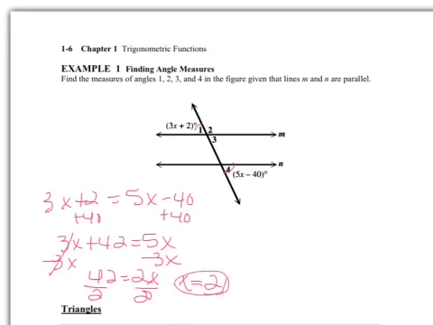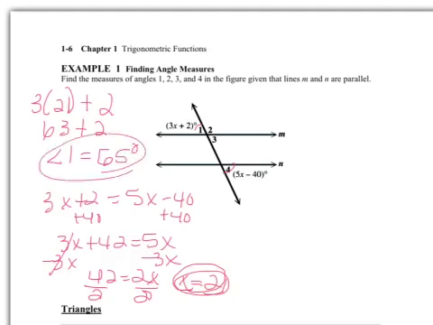So then what I can do is take that and plug it back into my equations. So over here, if I say 3 times 21, because I know that x equals 21, plus 2, 3 times 21 is going to give me 63 plus 2. So angle 1 equals 65 degrees. Then if I go over here, I'd have 5 times my x, which again is 21.